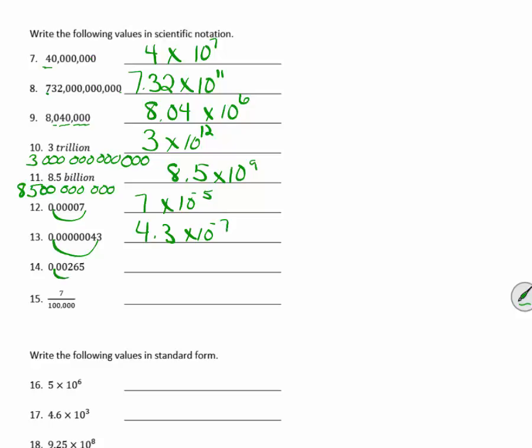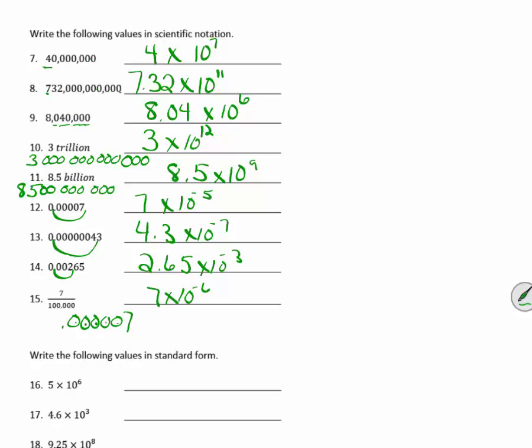I'm going to go from here to right after the 2, 2.65 times 10 to the negative third. This looks like this. So we're going to have 7 times 10 to the negative 6.